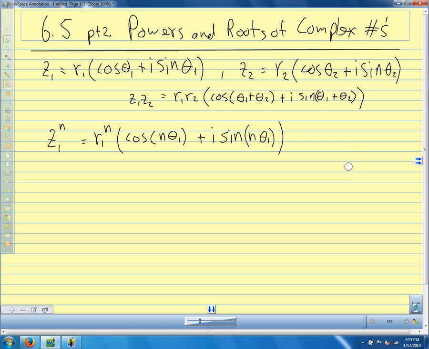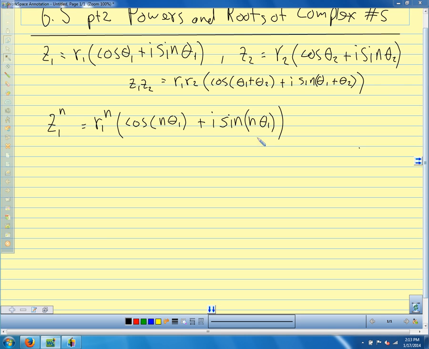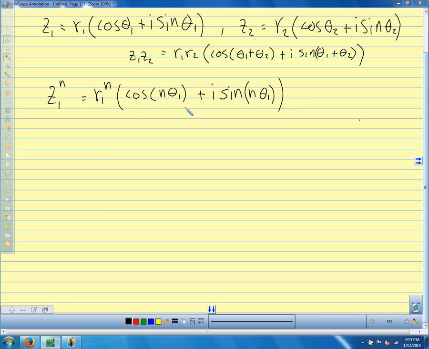So let's take a look at an example of finding the power of a complex number. It just follows on from what we did yesterday. We want to find negative 2 square root of 3 minus 2i to the 5th power. So the first thing we're going to do is convert this to trig form.